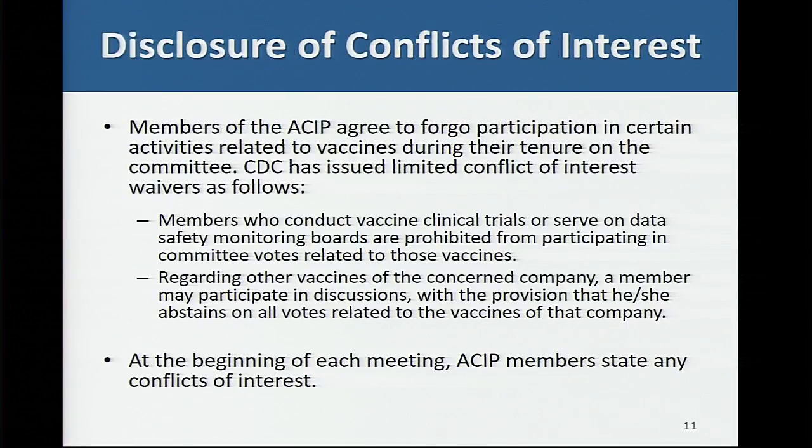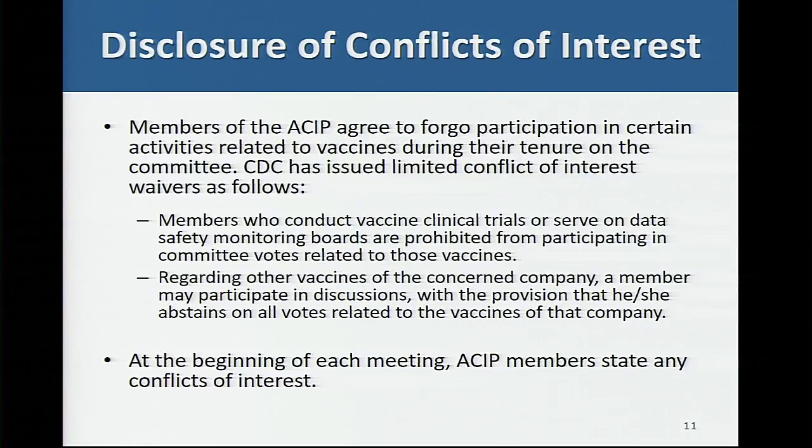As noted in the ACIP Policies and Procedures Manual, members of the ACIP agree to forego participation in certain activities related to vaccines during their tenure on this committee. For certain other interests that potentially enhance a member's expertise while serving on the committee, CDC has issued limited conflicts of interest waivers.